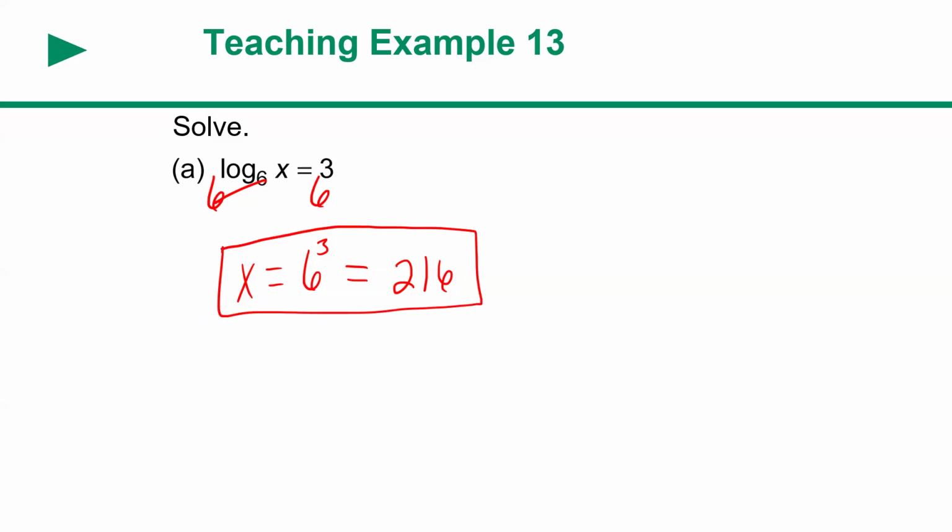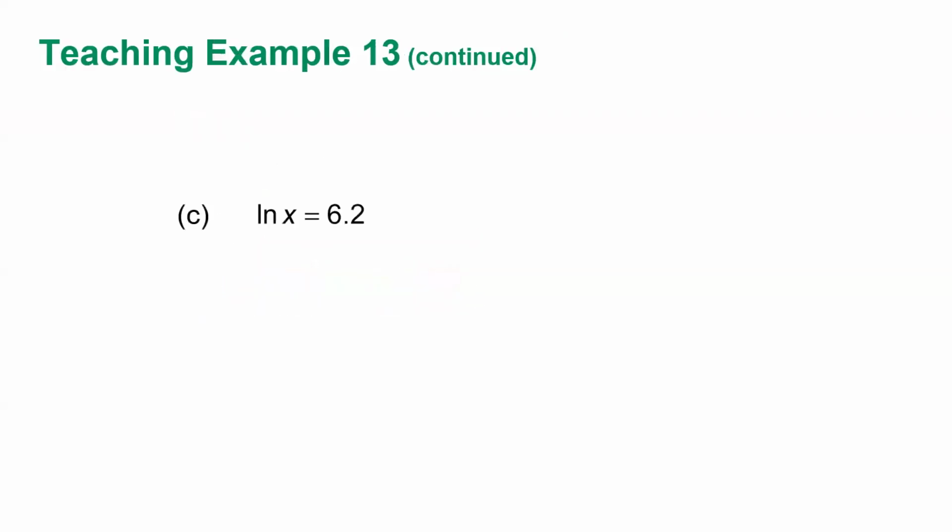Okay, so that one's a pretty easy one, right? Little one-stepper there. Okay, so on this one, it's another little one-stepper. What am I going to do? Exponentiate to what? 3.